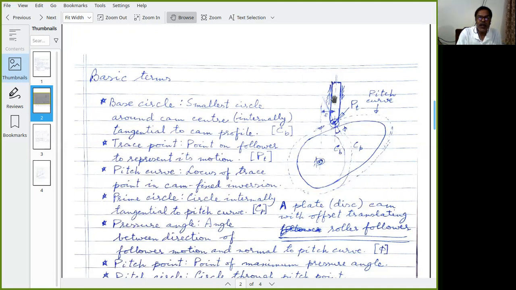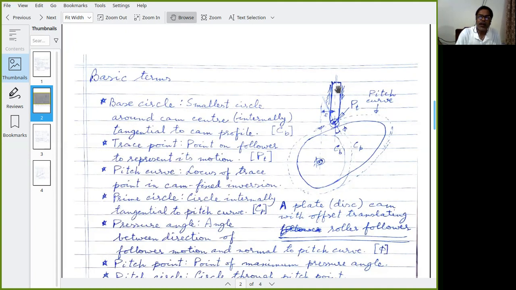Now the follower motion is in this direction along this line, which does not pass through the cam center, and that is why this E is the offset, and that is why this is the offset follower. Offset translating follower. The follower translates. It could have been that the follower is hinged somewhere so that it rocks in a rotating manner, like this, oscillates in a circular path. That also could be possible.